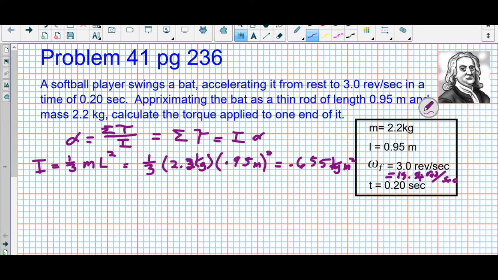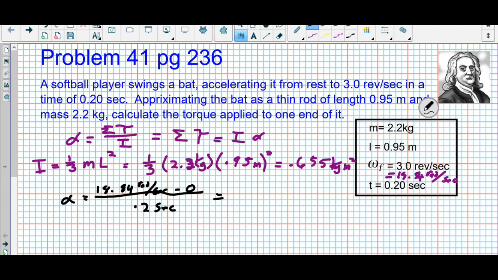Okay, so now we can find alpha. So let's work that out over here. I'm going to change colors. So alpha is going to be the change in angular velocity over the time. So we're going to get 18.84 radians per second minus 0 divided by the time of 0.2 seconds.